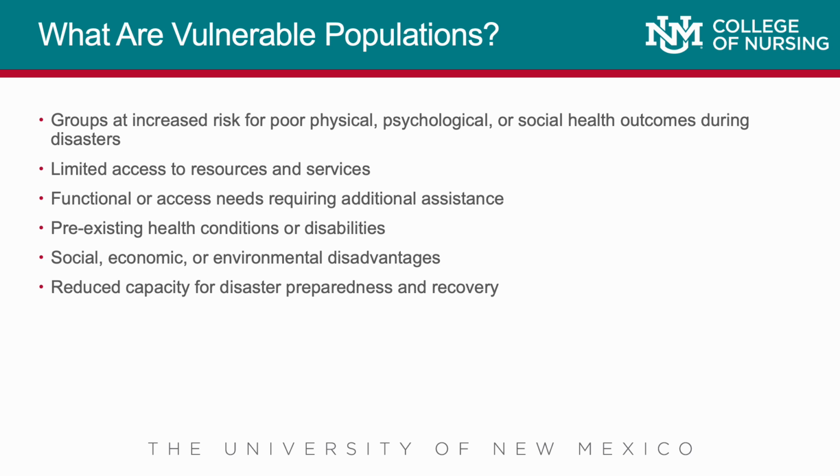It's shaped by a complex set of factors that limit a person's ability to prepare for, respond to, and recover from a disaster. Key characteristics include limited access to resources, functional and access needs, pre-existing health conditions, and social and economic disadvantages.